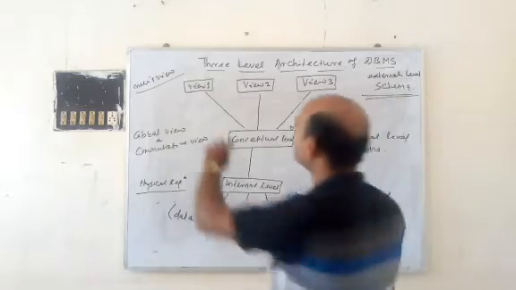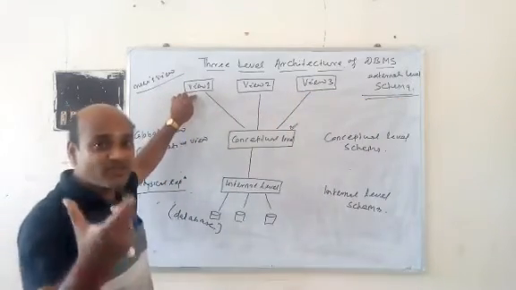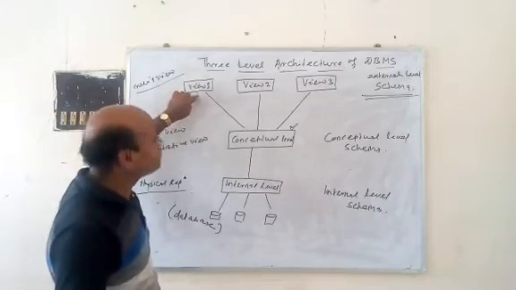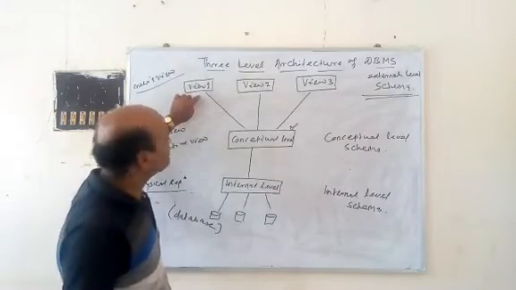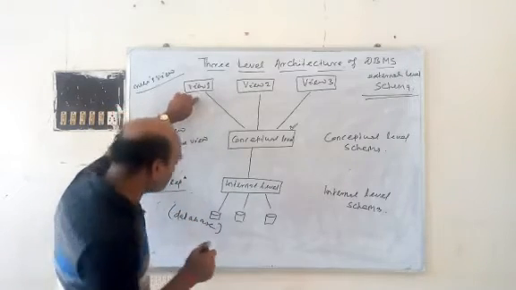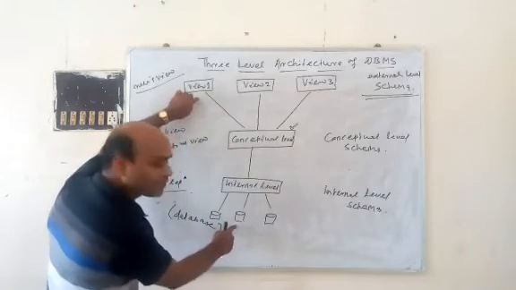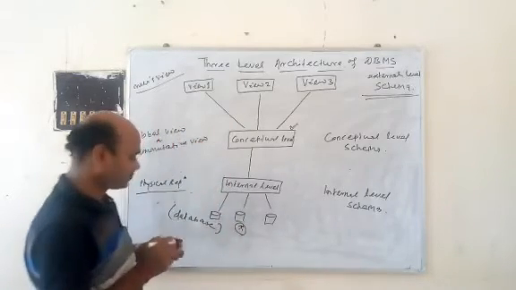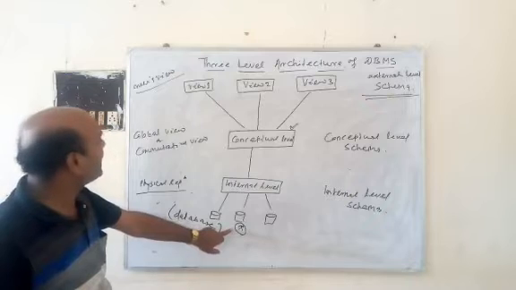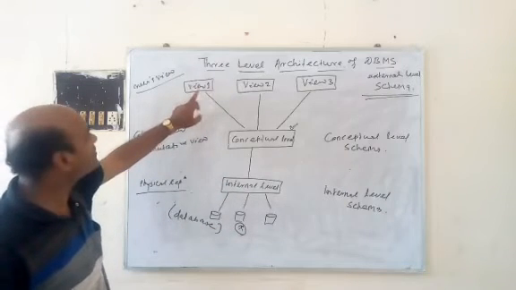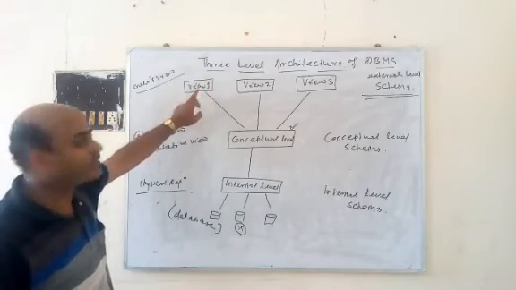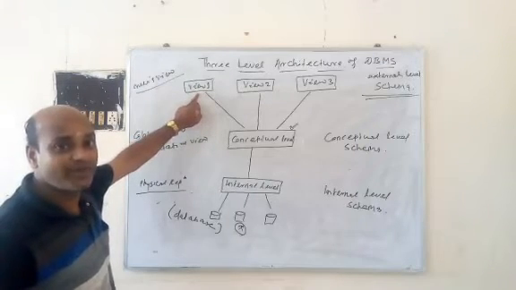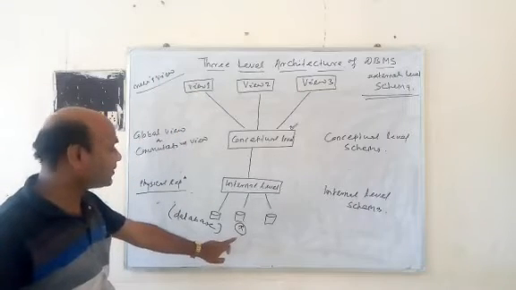Suppose a user wants to extract some values from the database management system, to access particular records that are stored in this database file. These values cannot be directly accessed by this user because this is the external user.